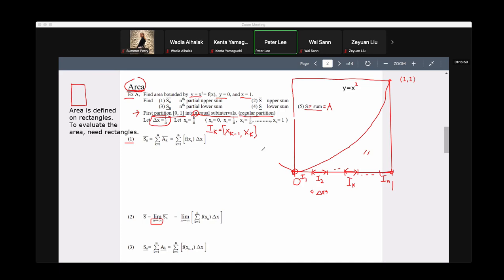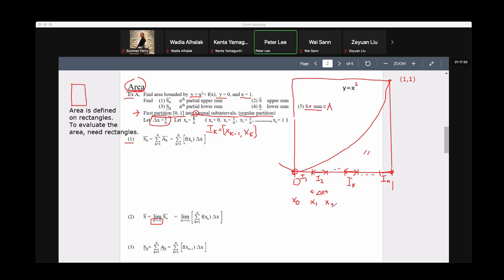Now it is time to assign names. This point right here, let's call x0. And this point right here, let's call x1. So we will name the endpoints of every interval. So this will be called x0 and x1, and this will now be called x2.